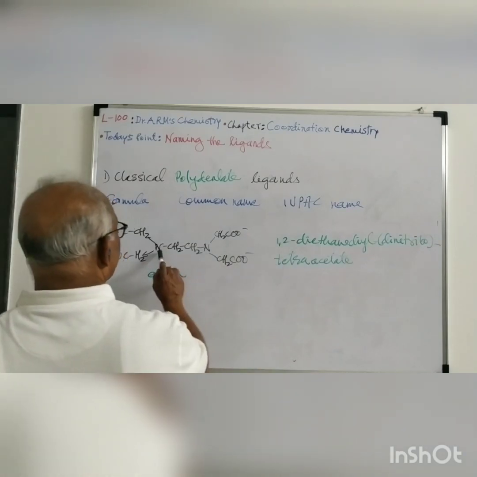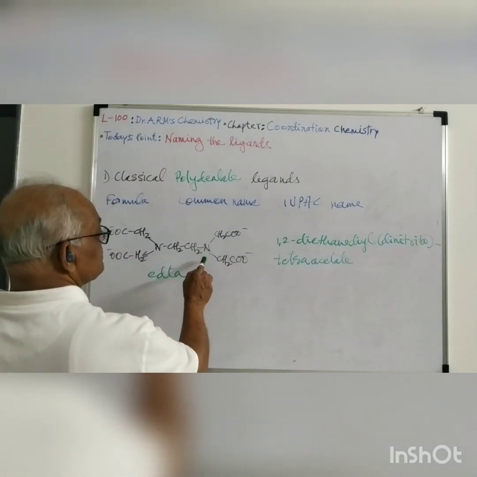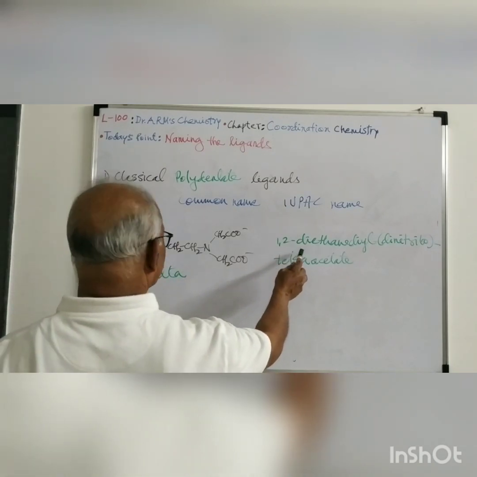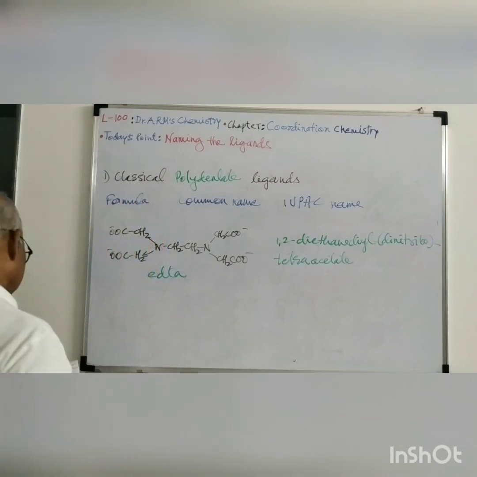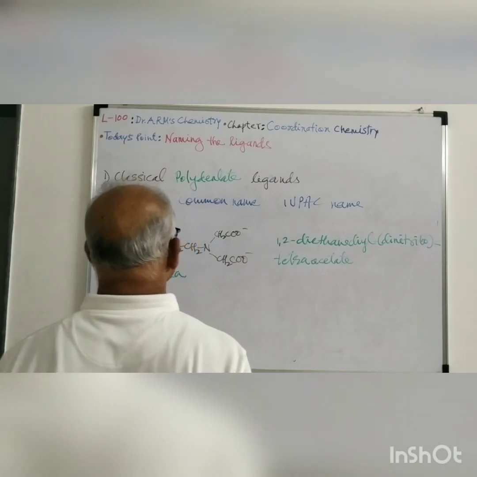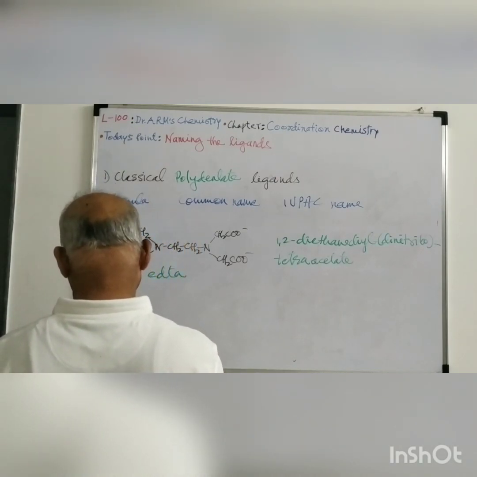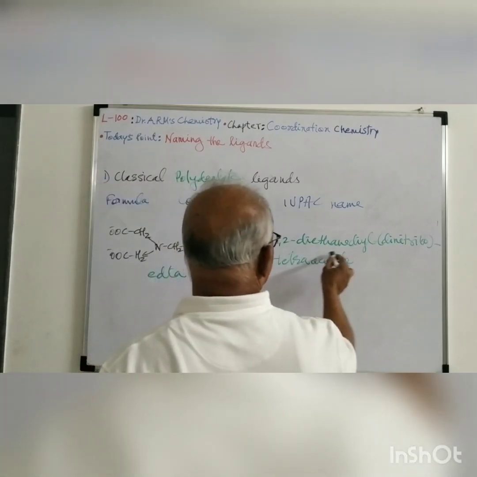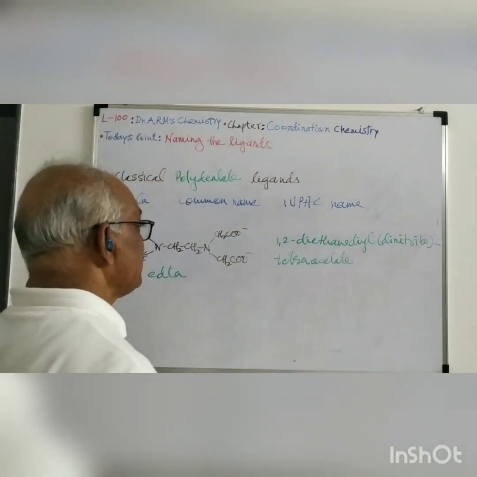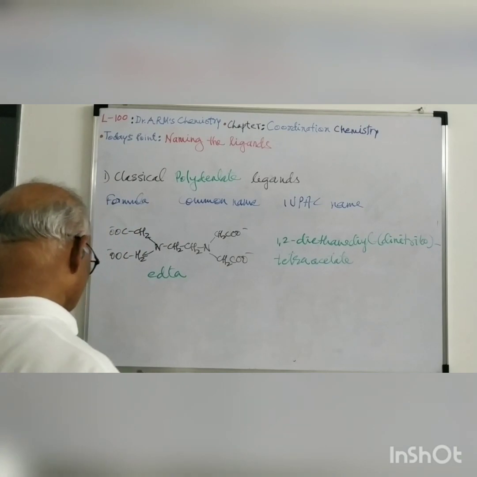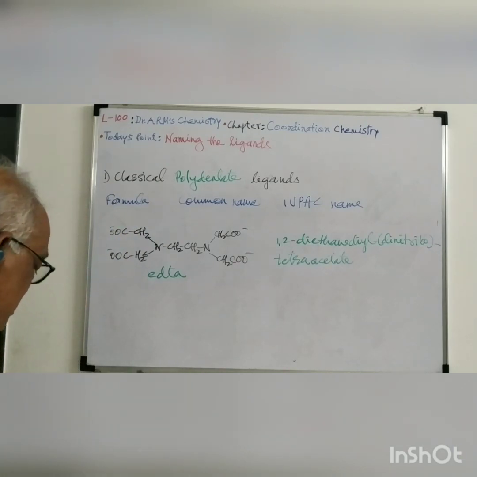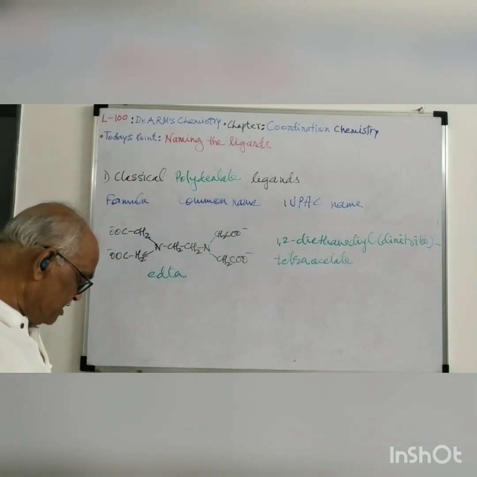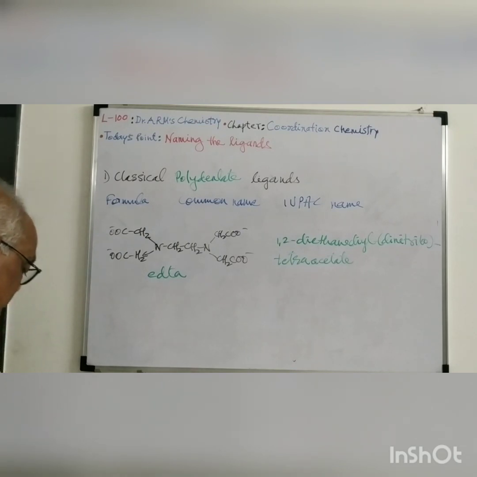So 1 and 2 gives ethanediyl, dinitrilo tetraacetate.